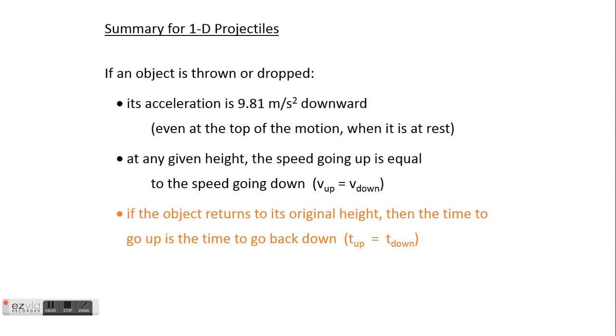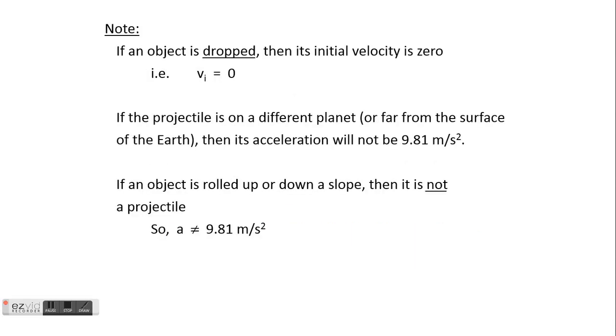If the object returns to its original height, then the time to go up is the same as the time to go back down. Which also means if we know the time an object has been in the air, the time it takes to get to the top is going to be half of its time in flight, or time while it's in motion.